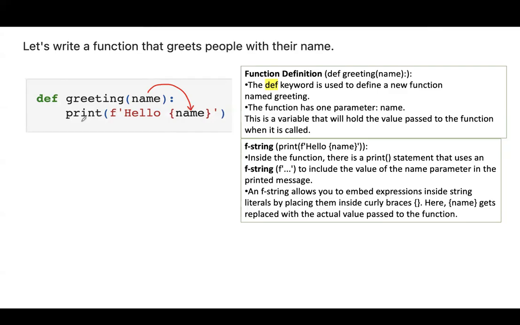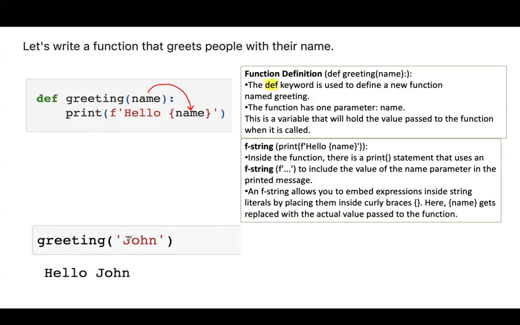So here you have print, open close parentheses, f, single quote, hello, space, open curly bracket, the name, which is the exact same argument here, and close the bracket, single quote, and that's how you build your f-string. For example, if you call the function greeting and pass in the name John, we get hello John back.